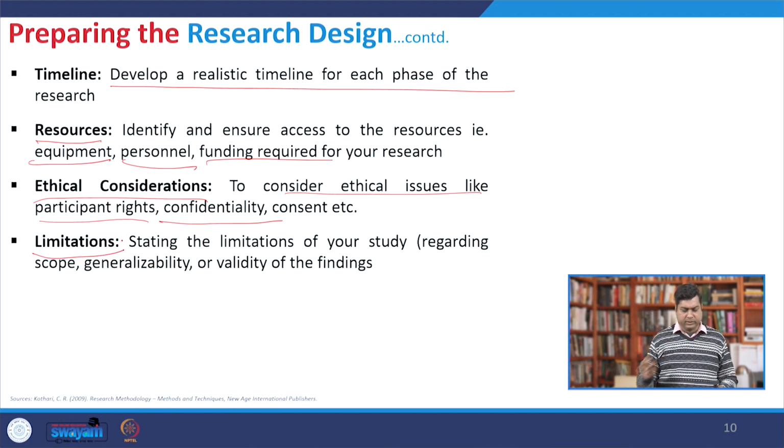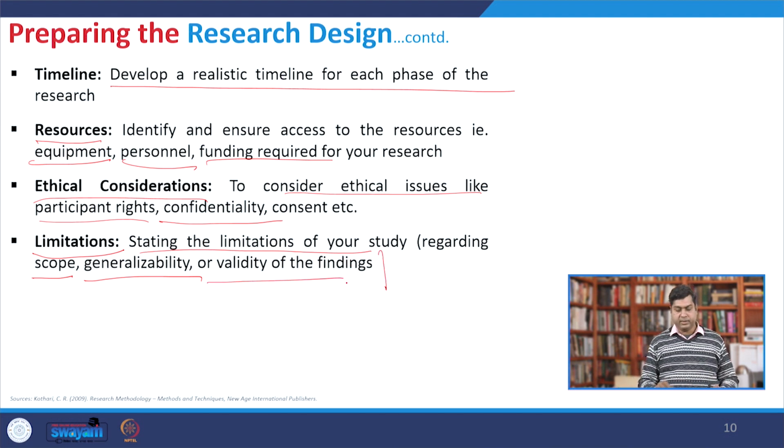Then also it is important, as I mentioned, that for a researcher, one particular research topic will not solve the broad umbrella of that particular field. So, here it is important to state the limitation in scope, in terms of its generalizability or the validity of the findings.